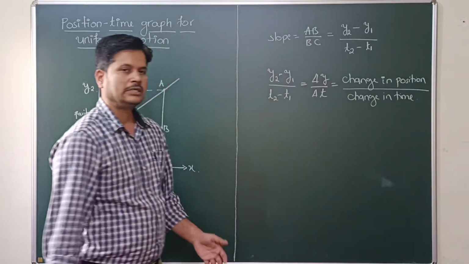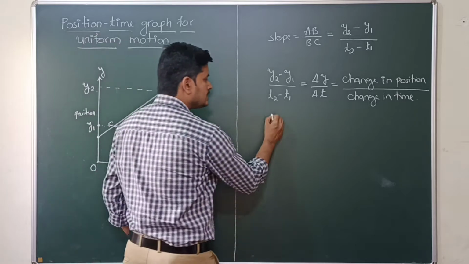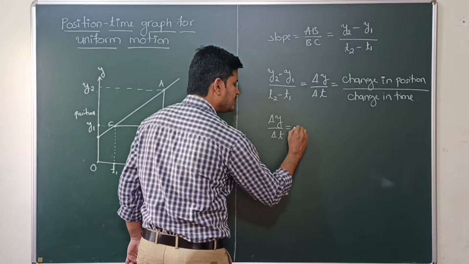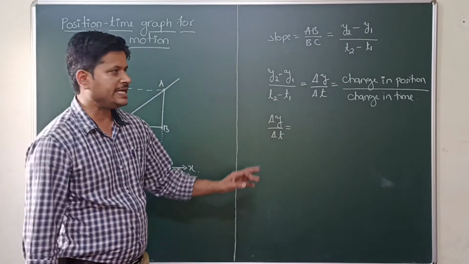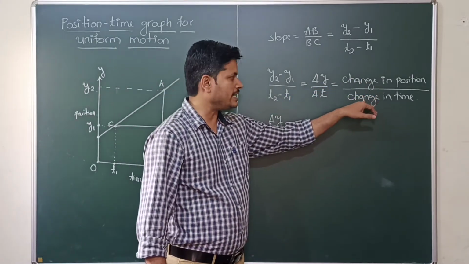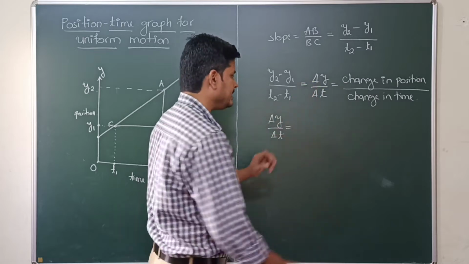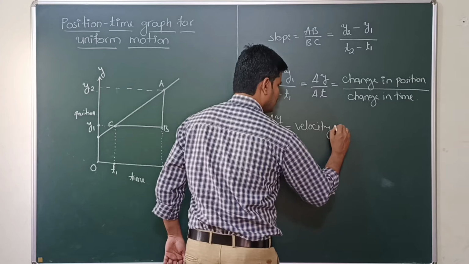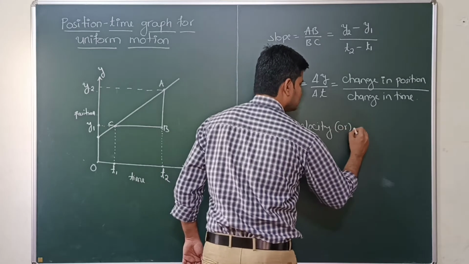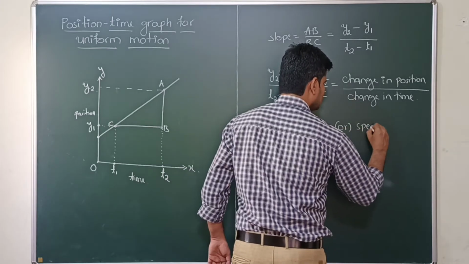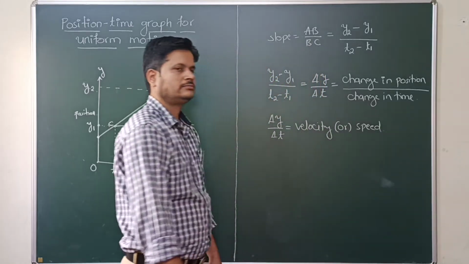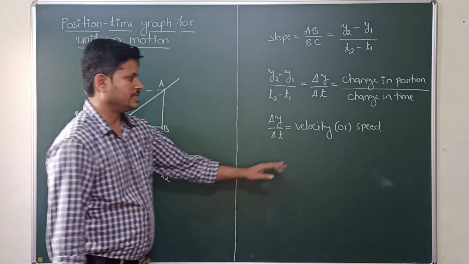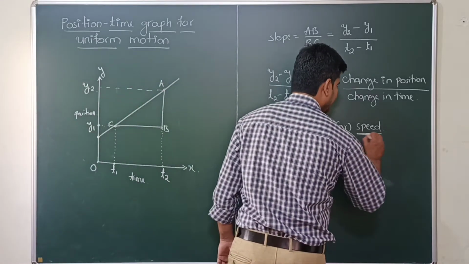Therefore, delta y divided by delta t is change in the position divided by change in the time, that is velocity, or speed. Generally we represent this as speed.